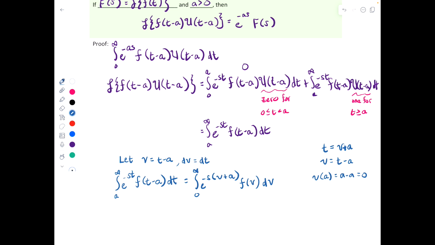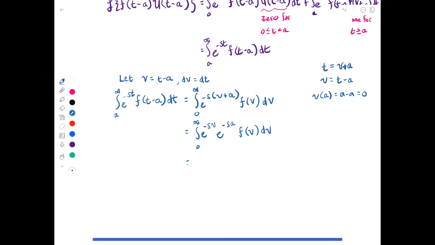Now we do a little trick here. We separate that exponential as e to the negative sv times e to the negative sa times f at v dv.